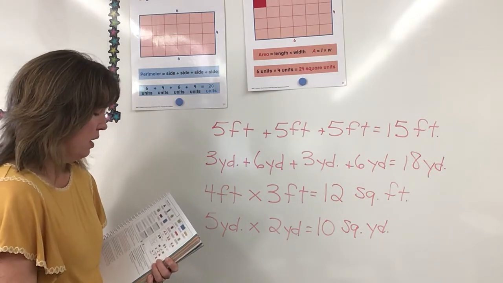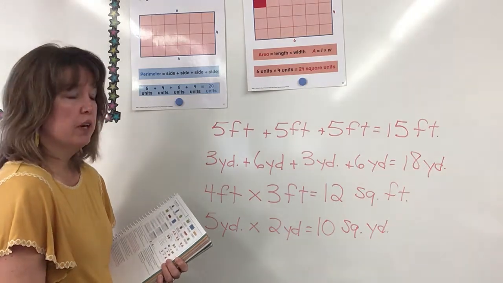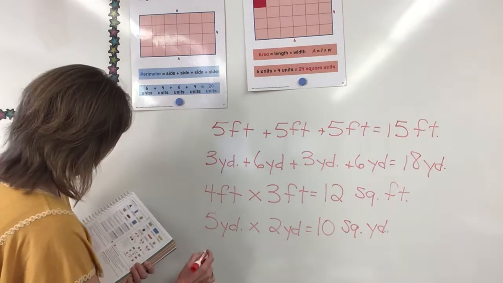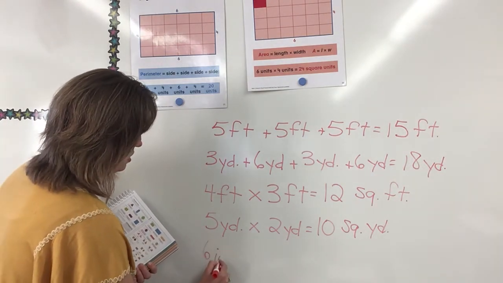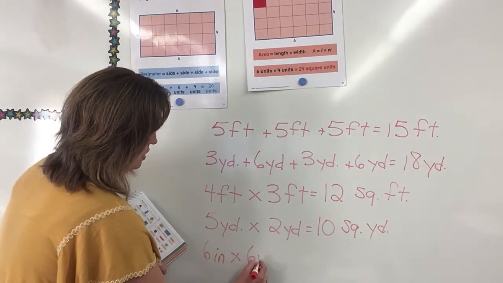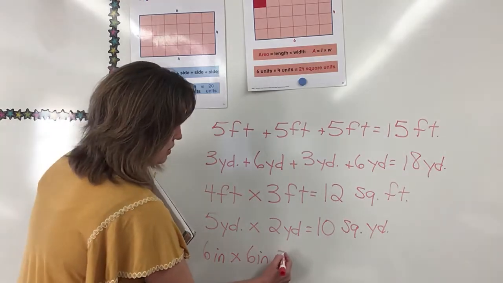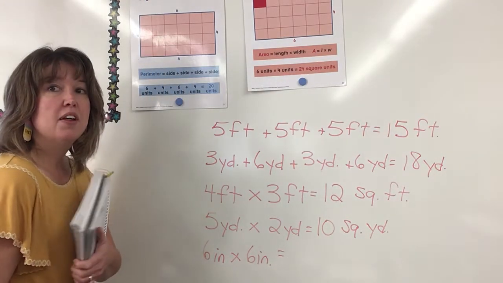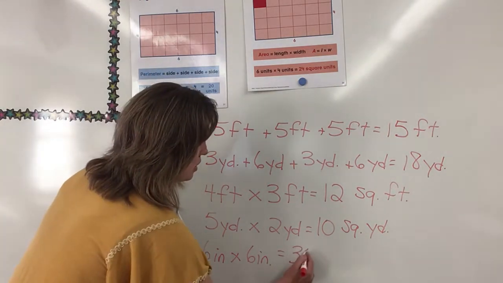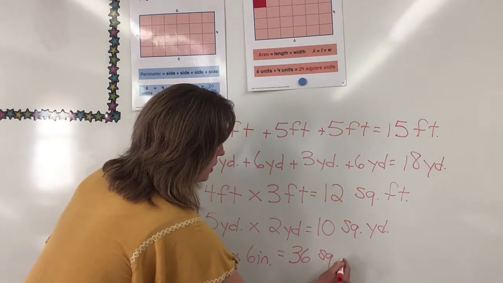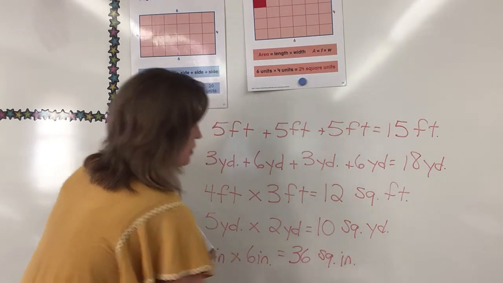Okay, we have a regular square. So we have 6 inches times 6 inches, length times width. 6 times 6 equals 36. 36 square inches. Okay.